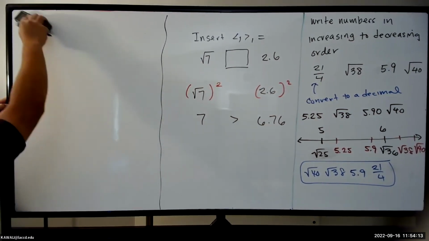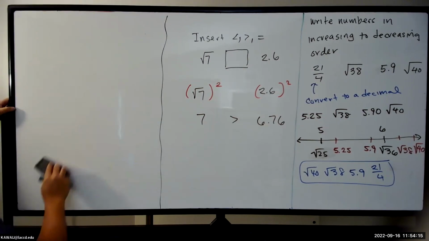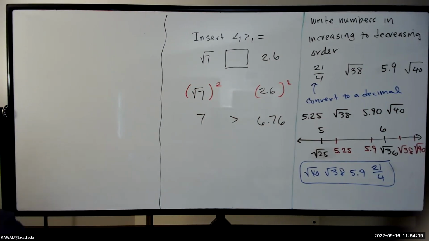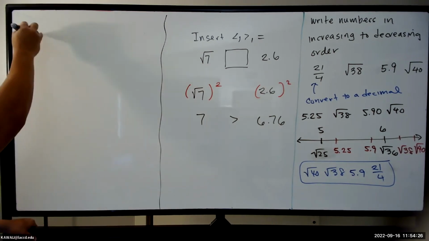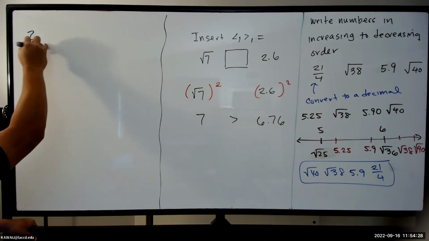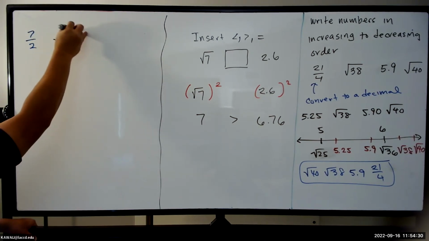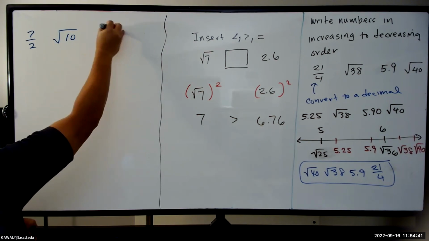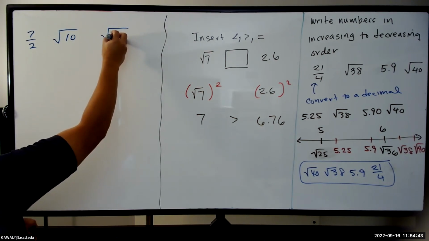You actually have to use Calc 3, and it actually takes quite a long time to do it. Okay, so let's try another one. Let's try 7/2, and let's try square root of 10, and let's try square root of 12.